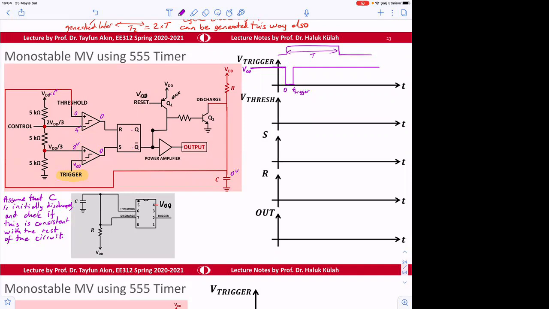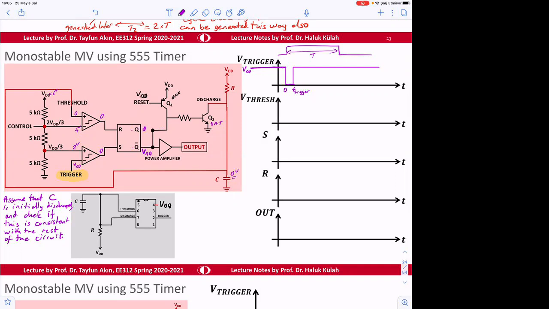So we are trying to find a possible case to create that. This 0 volt happens when Q1, Q2 is in saturation. So in order to make this in saturation, the output should be VDD. If this is VDD, then this is going to be 0.